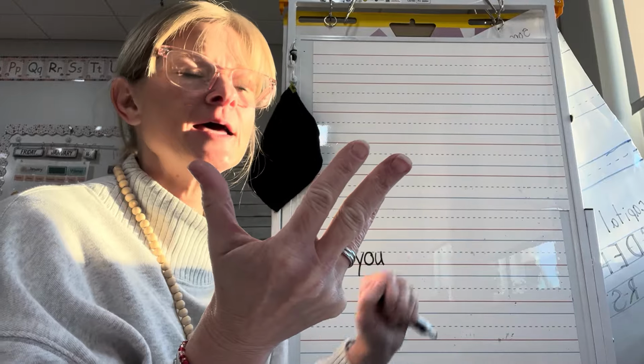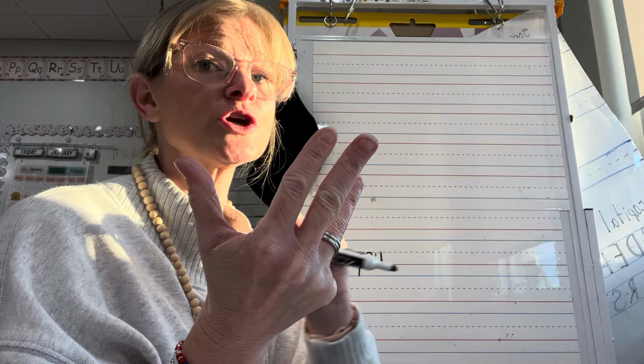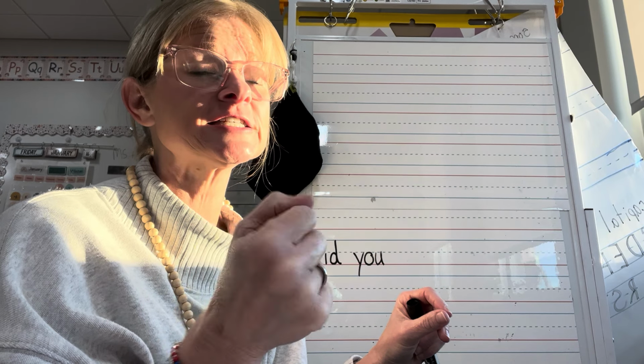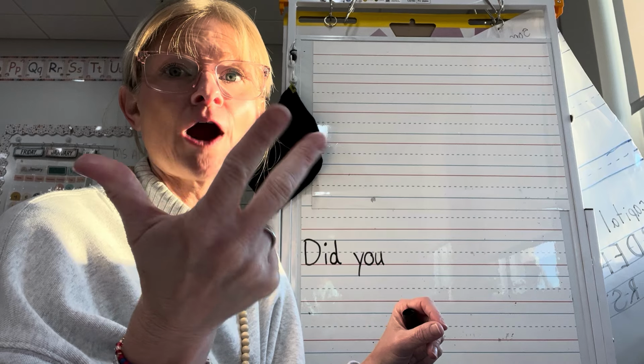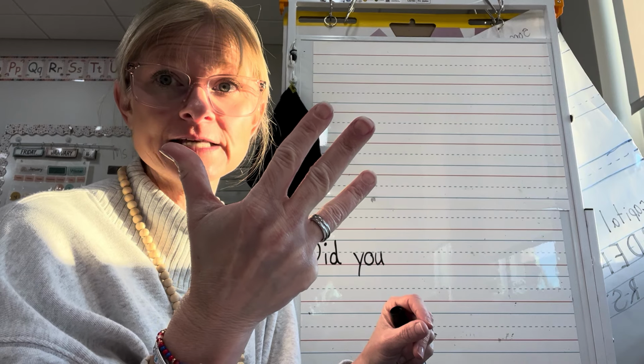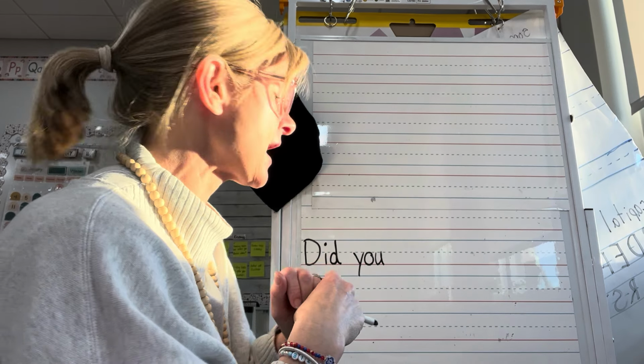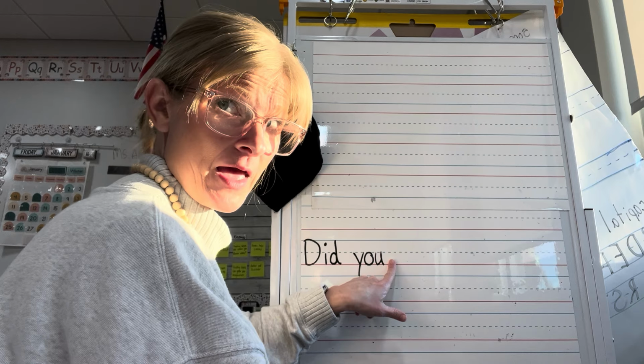Trap. Remember, when we're sounding out words, say the word slowly. Hold up a finger for each sound. So it's not t-ap. It's trap. 4 sounds. So we need 4 letters for those sounds. Our first sound, finger space.